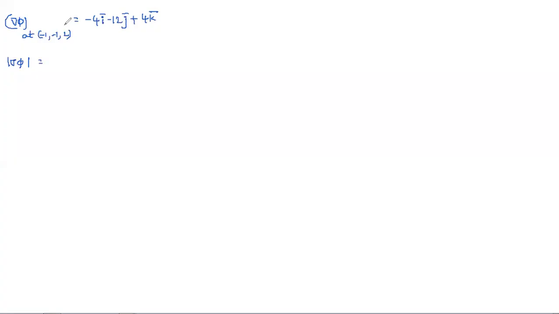To find the magnitude, take the sum of squares of the coefficients of i, j and k: (-4) whole square, (-12) whole square, and 4 square. So 4 square is 16, 12 square is 144, plus 4 square is 16. So this is the square root of 176.